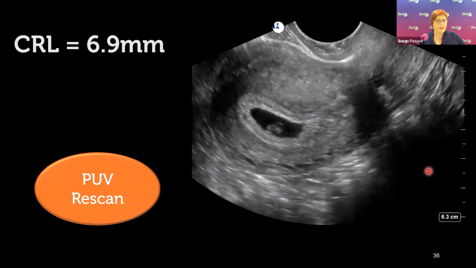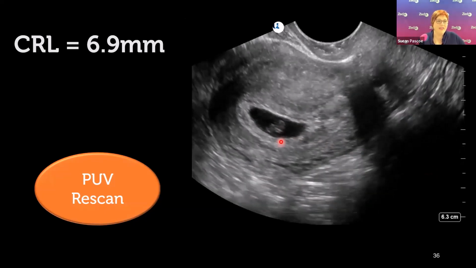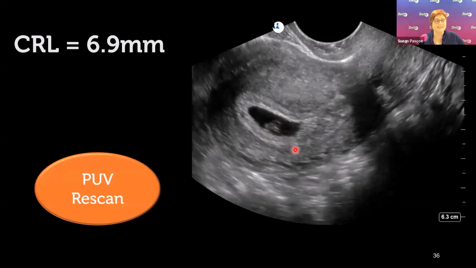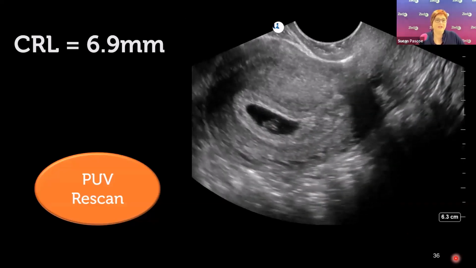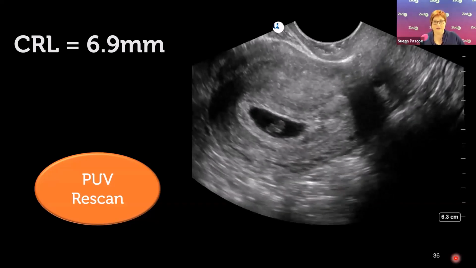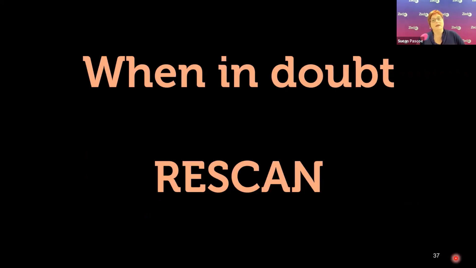So on this one, it sits right on that threshold value, just under the 7 millimeters. So this is pregnancy of unknown viability. We need to rescan in a few days' time. If in any doubt, if you're not sure what's going on, order a rescan. Better to err on the side of conservative than to intervene and potentially disrupt a normal pregnancy.